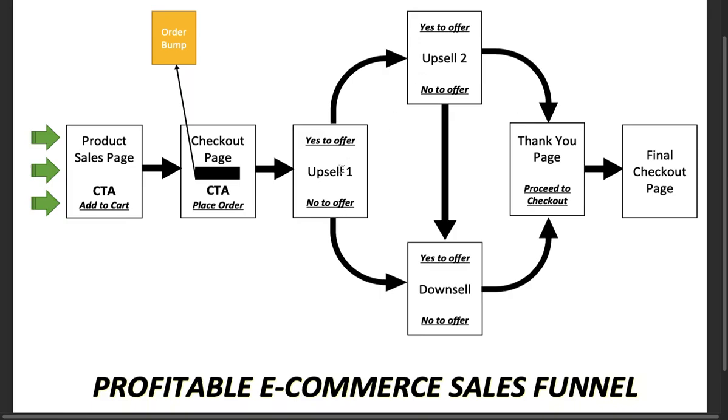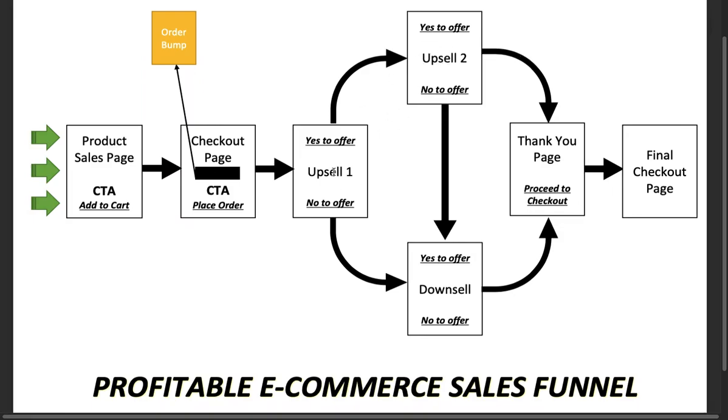You understand? So at this upsell 1 stage, if they decide to opt out from this offer, then they go to a downsell, that's a less expensive product. If they decide to opt out as well, then they now go to the thank you page. So guys, you actually have nothing to lose. The same thing happens to the upsell 2.